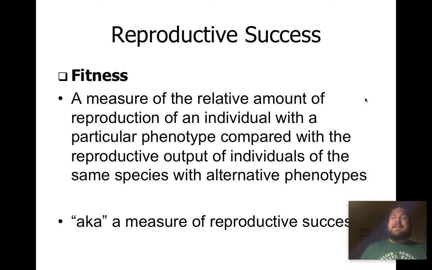Now notice that it says a measure of the relative amount, because it doesn't matter how many offspring you have. It only matters that you have more offspring than anyone else. That's what's important. If you want your market share of whatever trait you're looking at to increase relative to some other alternative variant, all that matters is that you leave more than anyone else. It's not the total amount that you leave.